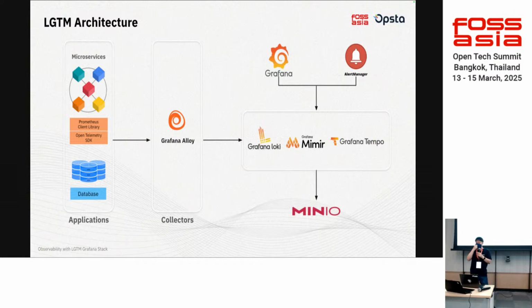L is Loki, Grafana Loki. G is Grafana, right? T is Grafana Tempo. And the last, M, is Grafana Mimir. And the collector they try to combine into one agent is called Grafana Alloy. So it's much simpler today to do the observability step with LGTM.